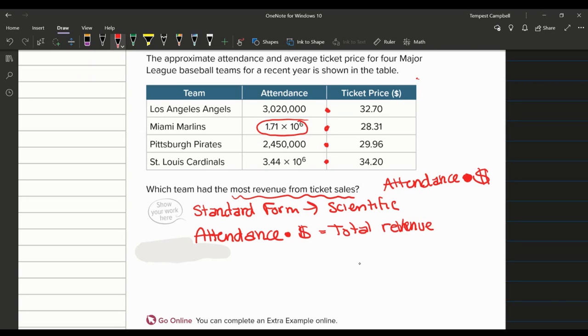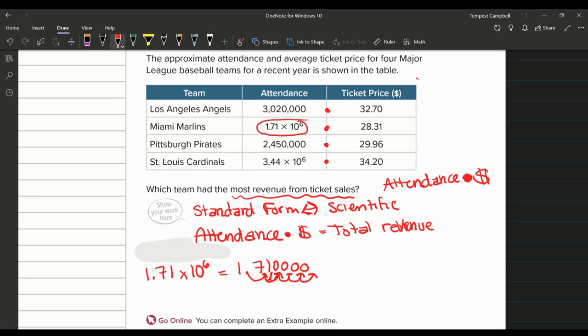If you don't know how to put that into your calculator, maybe it would be better for us to go from scientific notation into standard form. If we have 1.71 times 10 to the power of 6, we're taking this decimal and moving it to the right 1, 2, 3, 4, 5, 6.